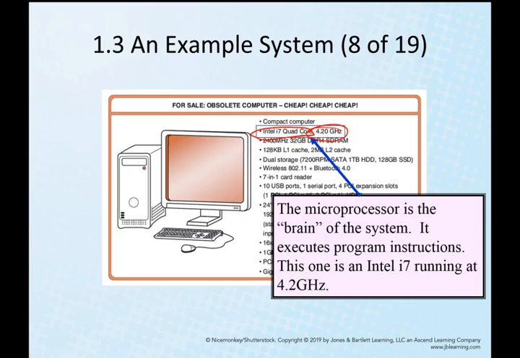So if I ask what the cycle time of this processor is, you can simply say cycle time is 1 over frequency, which is 1 over 4.2 gigahertz. And this gives us the cycle time.